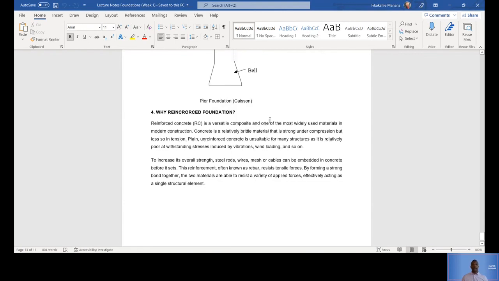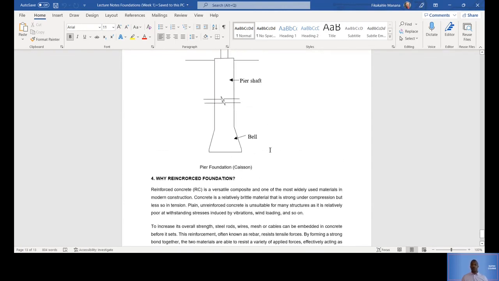Okay, I think we're going to stop it there for this understanding, but I hope you really understood what we are talking about there. Okay, why reinforce foundations? Well, this part is just talking about the actual reinforcing of the foundation, but I just wanted us to speak about the types of foundations.